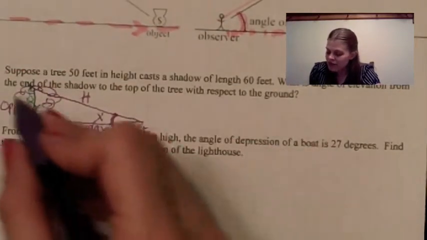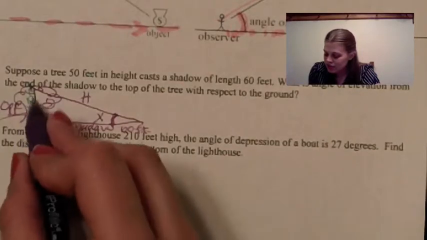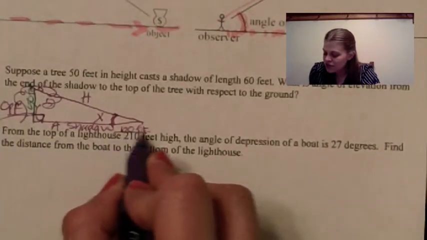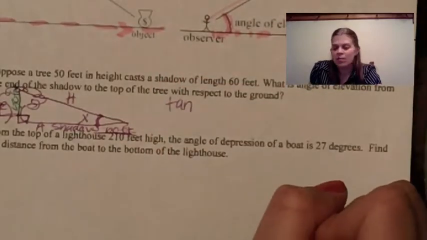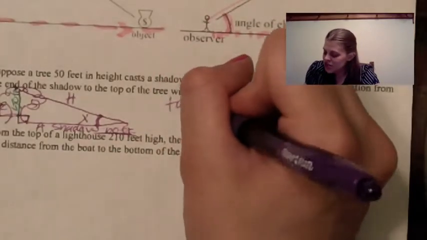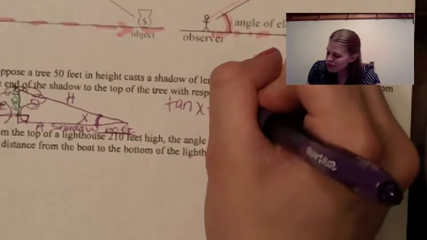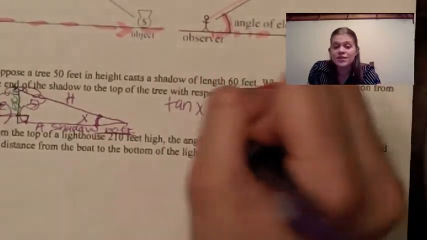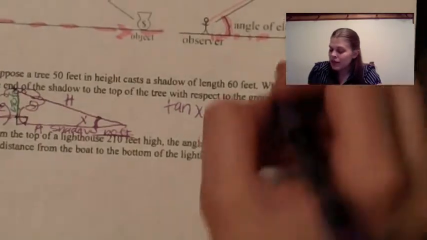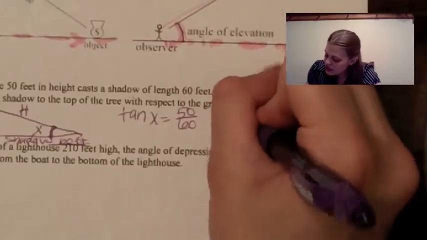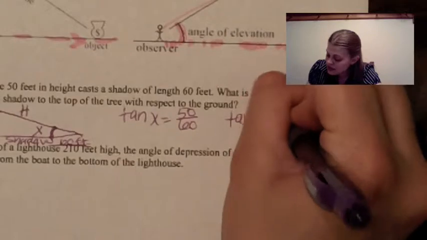We have the opposite, 50 feet, and the adjacent, 60 feet. So I'm going to set up the tangent, because tangent is opposite over adjacent. So the tangent of x is opposite, which is 50, over adjacent, which is 60. Now I can reduce this and say that the tangent of x equals 5/6.